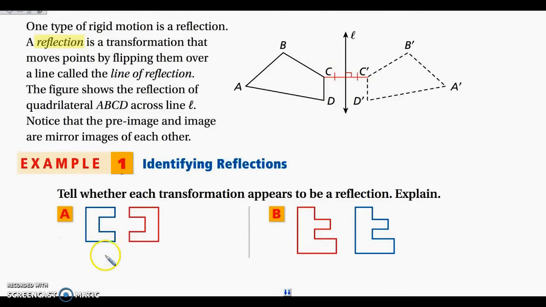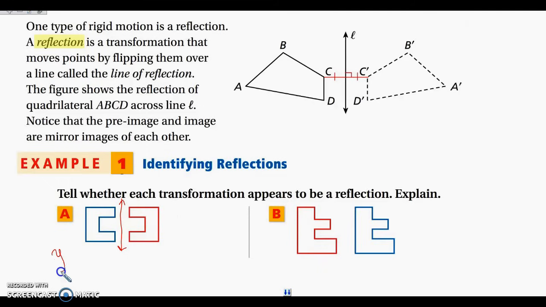So let's take a look at example 1. We want to know whether or not each one appears to be a reflection, and why. So if we look at this one, it kind of looks like a C, and then this one looks backwards. So if I draw in a little line right here, that's pretty much our line of reflection. It is a mirror image.